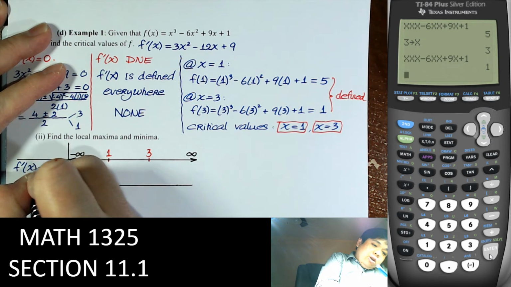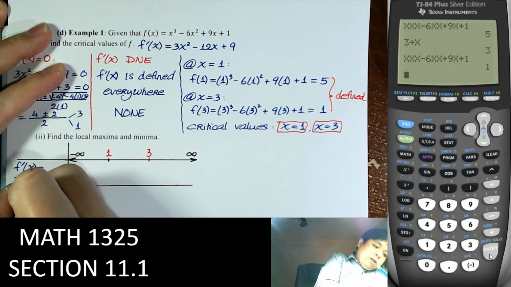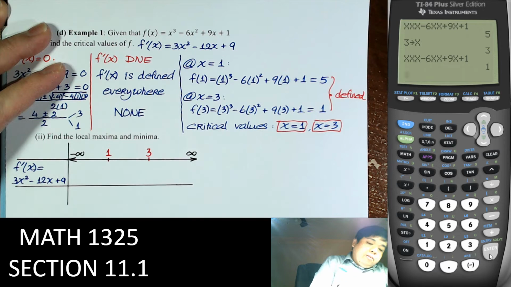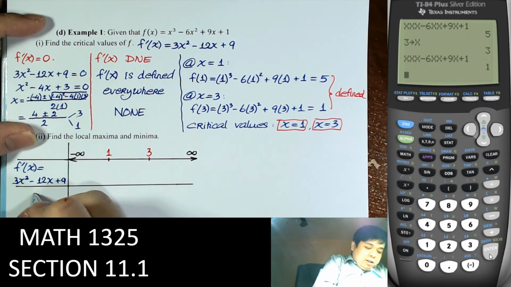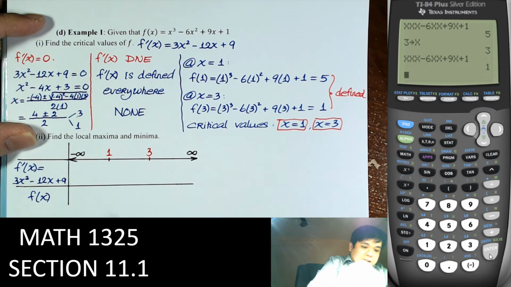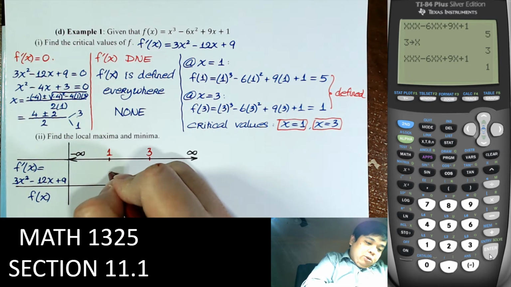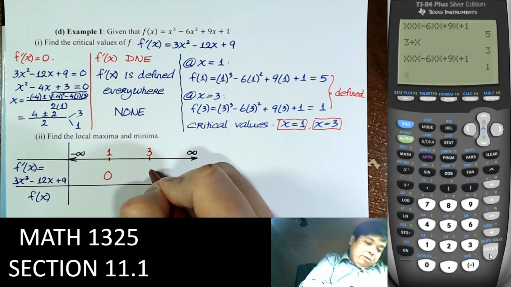Derivative is equal to 3x squared minus 12x plus 9, and this is a function. Right. When x equal to 1, derivative equal to 0. When x equal to 3, derivative equal to 0.